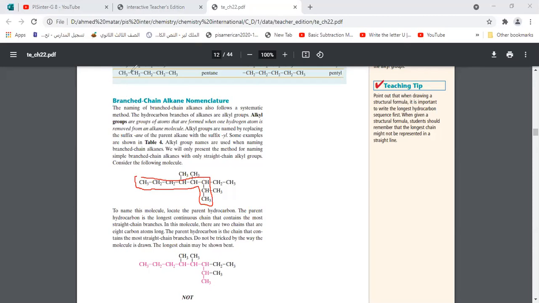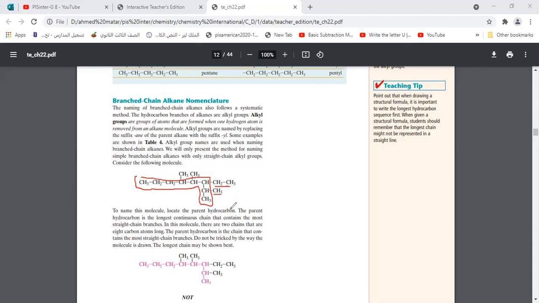So as you can see, this part is very important. The first step is to choose the longest chain of carbon, the longest one, 8 here. And the reason is to ensure that each branch is found on a separate carbon. You get the idea?